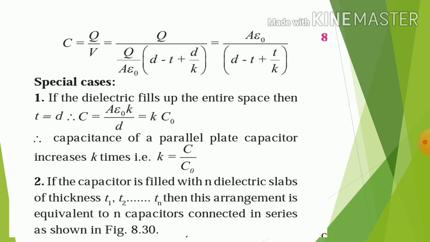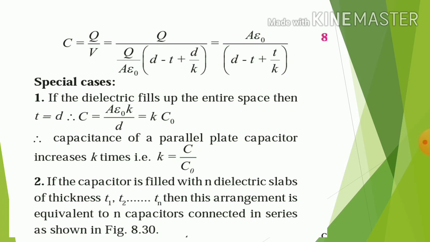In the first case, we consider that the dielectric material fills up the entire space between the two plates of the condenser, that is, the distance between the two plates of the condenser, small d, is equal to the thickness of the dielectric slab, that is t, meaning small t equal to d.